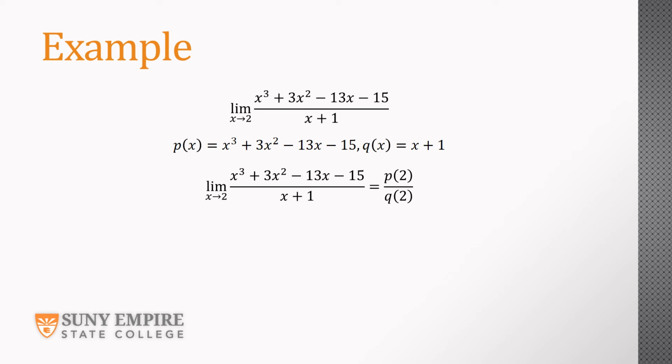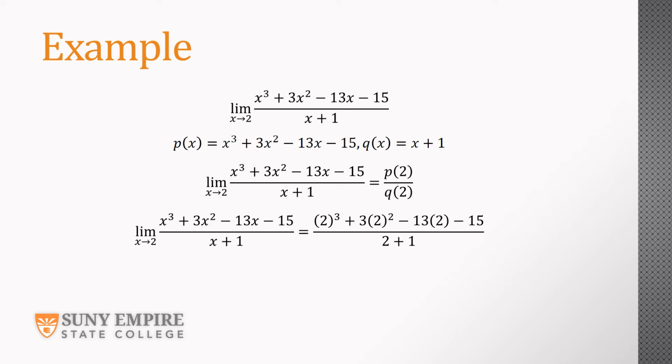When finding the limit, we just need to find p of 2, q of 2, and then divide the results. We plug 2 in for x in each function. Completing the calculations, we have negative 21 divided by 3. So the limit as x approaches 2 of the quantity x cubed plus 3x squared minus 13x minus 15 divided by x plus 1 is negative 7.